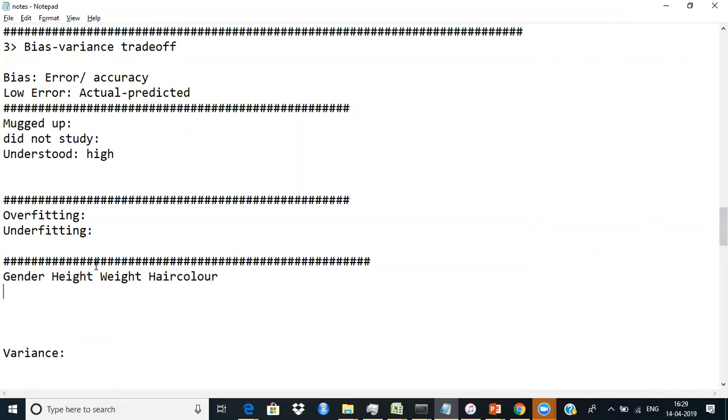So in my data, I have one person who has a blonde hair color, and that person is incidentally a female. If my model has overfitted, what it will do is, whenever it encounters a blonde, it will by default categorize that person as female. Whereas in the population, that may not be the case.